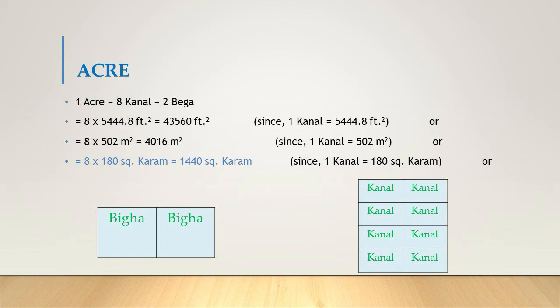As 1 acre is equal to 8 canals, we multiply the measurement of square feet of 1 canal by 8, then we have the calculation in square feet. And similarly 8 into 502 square meter, that was equal to 1 canal. So basically 8 multiplied by the measurement of canal in square meter or square feet, we will be getting the calculations thereon. Similarly, 8 into 180 square karam or sarsahi will give you 1440 square karam or sarsahi.